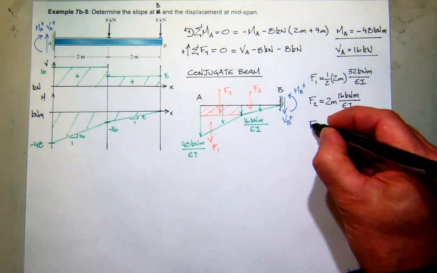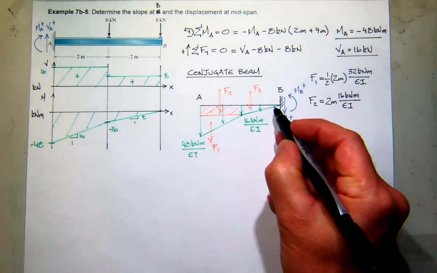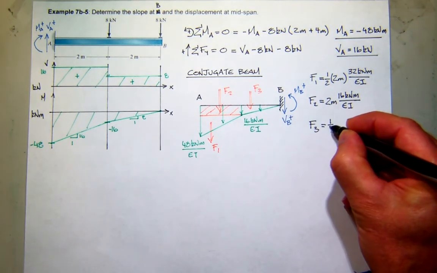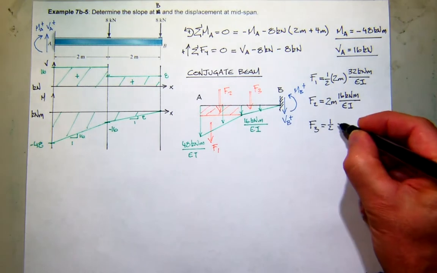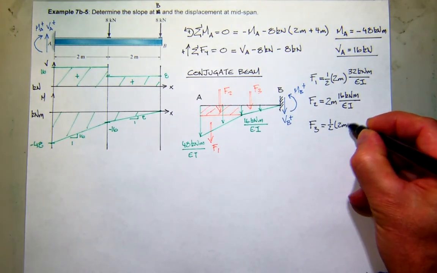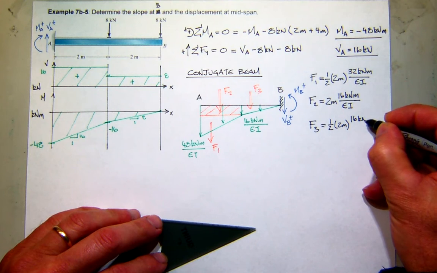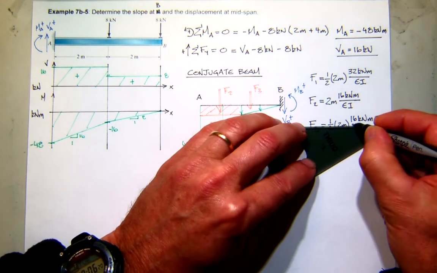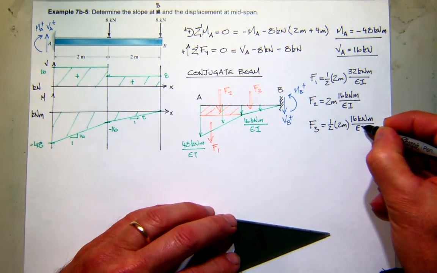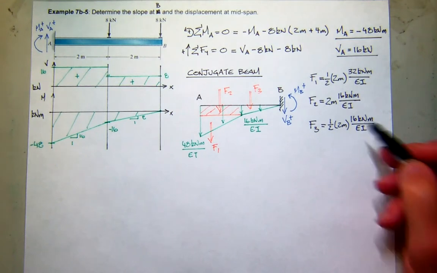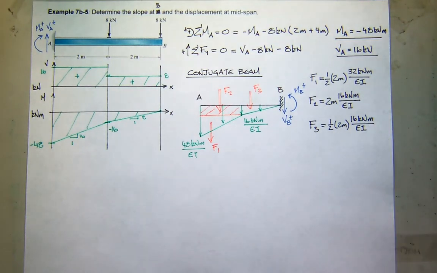And then F3, this triangular area here, so 1/2 times the base, which is 2 meters, times the height, which is 16 kilonewton meters, divided by EI. And again, conveniently for us, the 2 meters and the 1/2 cancel, so that's 16. So those are pretty easy to calculate.